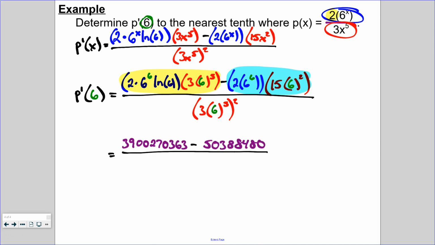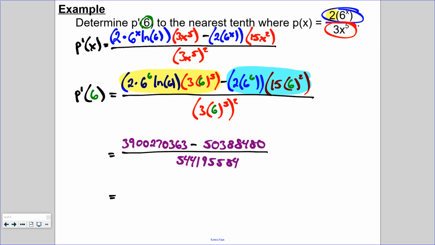And then that's going to all be over 3 times 6 raised to the 5th power, and all of that is squared, giving us a value of 544195584.